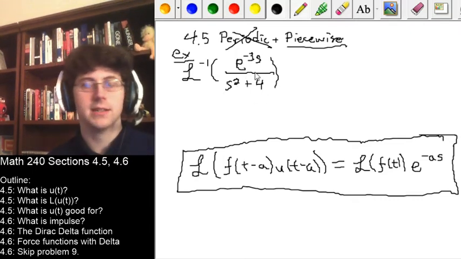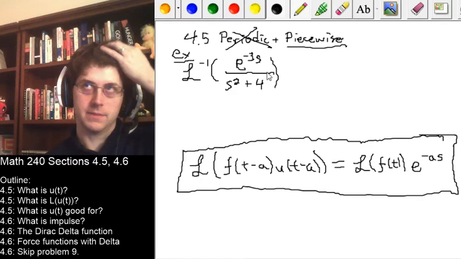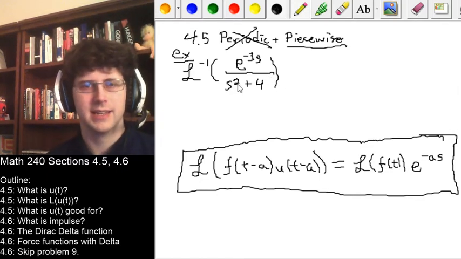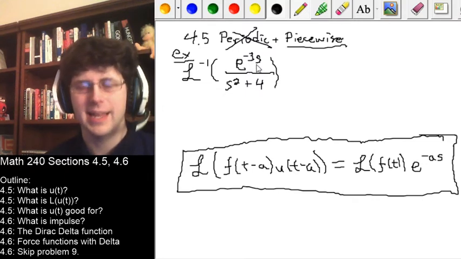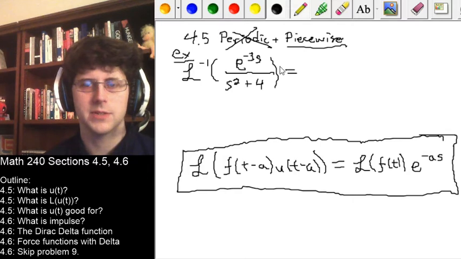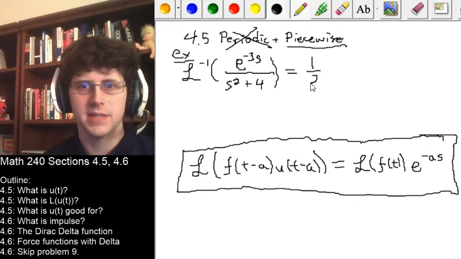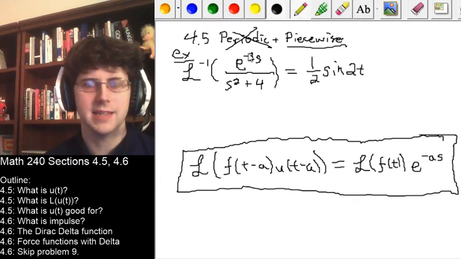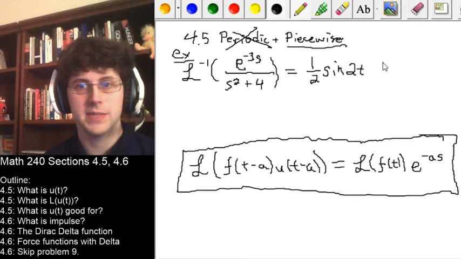This function looks a lot like the s version of sine 2t, but it's missing the 2 on top, and it has this extra e to the minus 3s. So we say, it's off by 2, first of all, so it's going to be half sine of 2t. But this e to the minus 3s delays by 3 seconds.